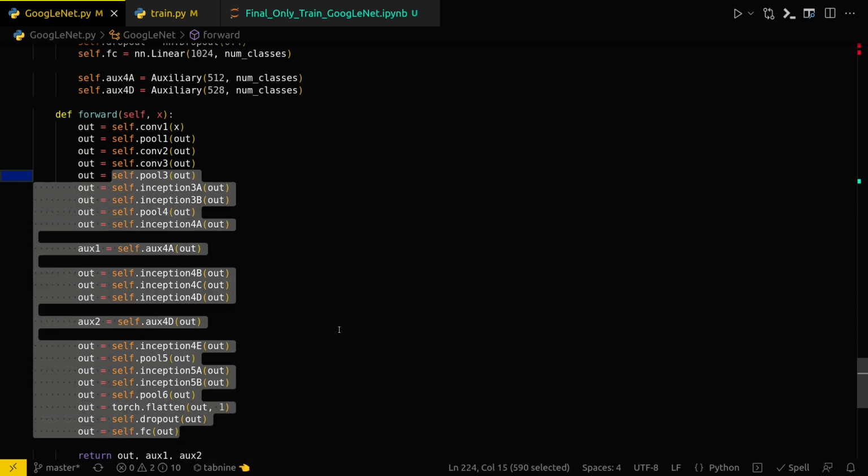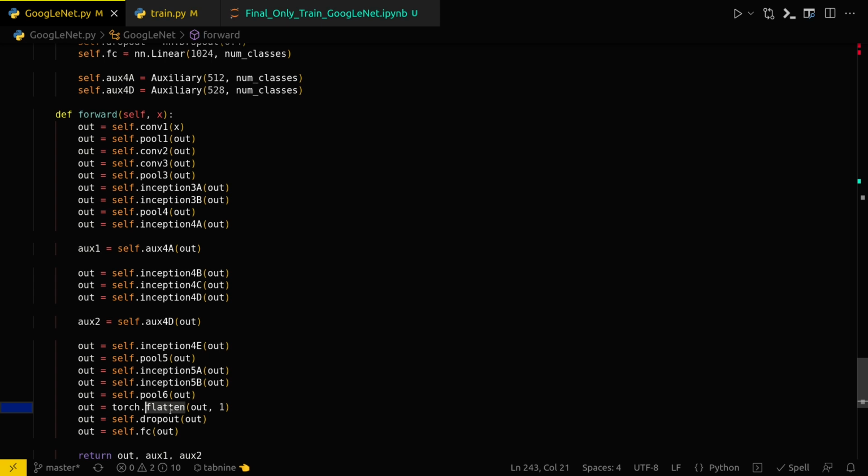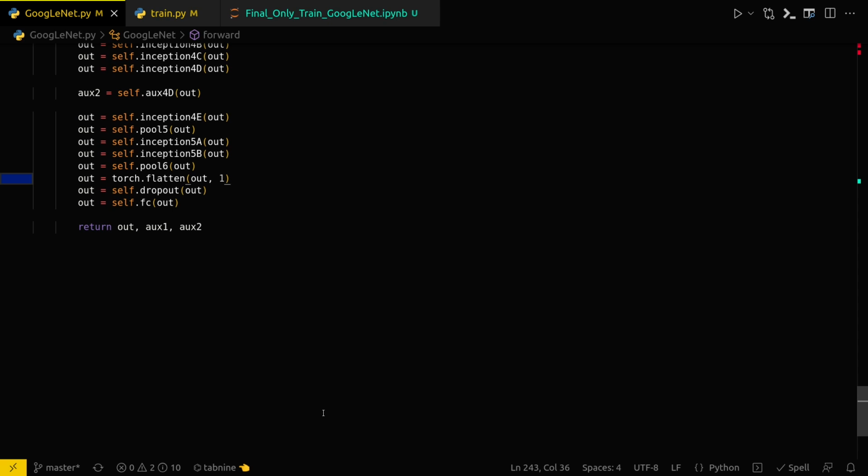It is just sequential input-output matching. Another thing to mention again is that you have to be careful with the use of the torch.flatten function when you are moving from a conv layer to your first fully connected layer. Before your fully connected layer, you always have to use torch.flatten, because you are converting a 4-dimensional tensor to a 2-dimensional one.